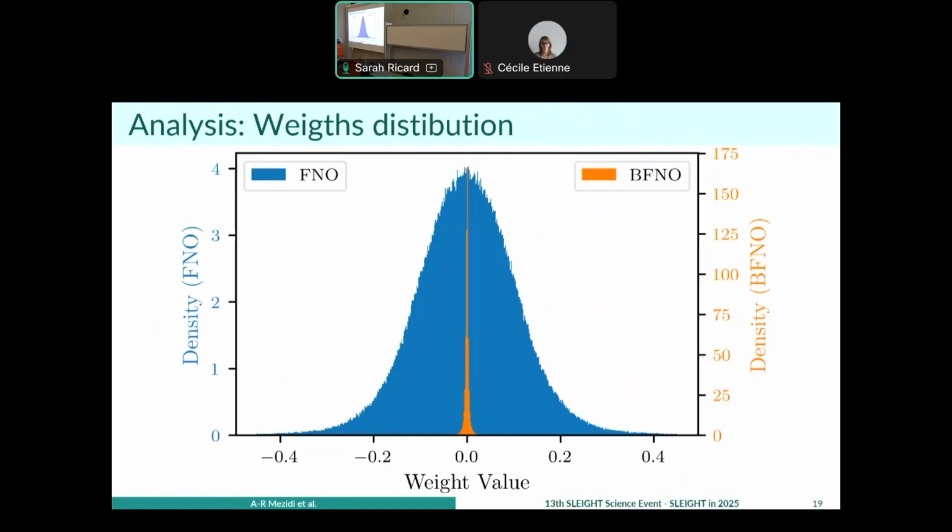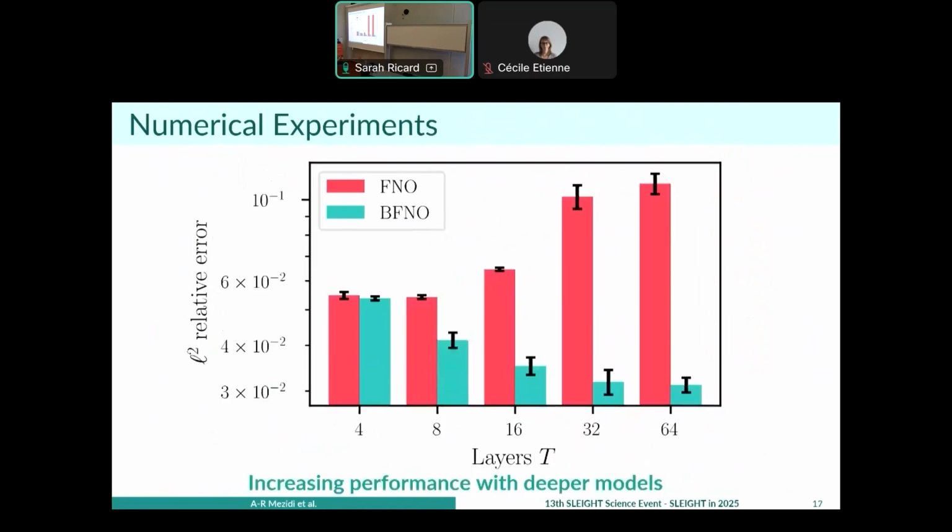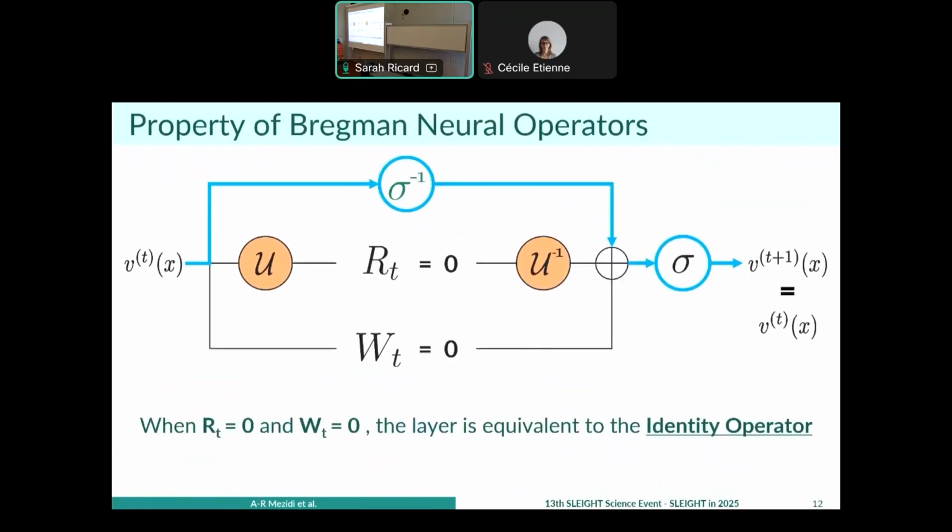Yes. I understood your explanation. Maybe something to change the perspective: because we have this property, we don't have to worry about how many layers we want. For the standard one, we know that if we have too many layers, we will have a decrease in performance. But for our model, we could add as many layers as we want.